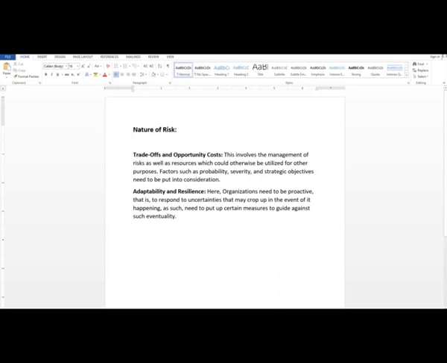We shall then mention other natures surrounding risk.